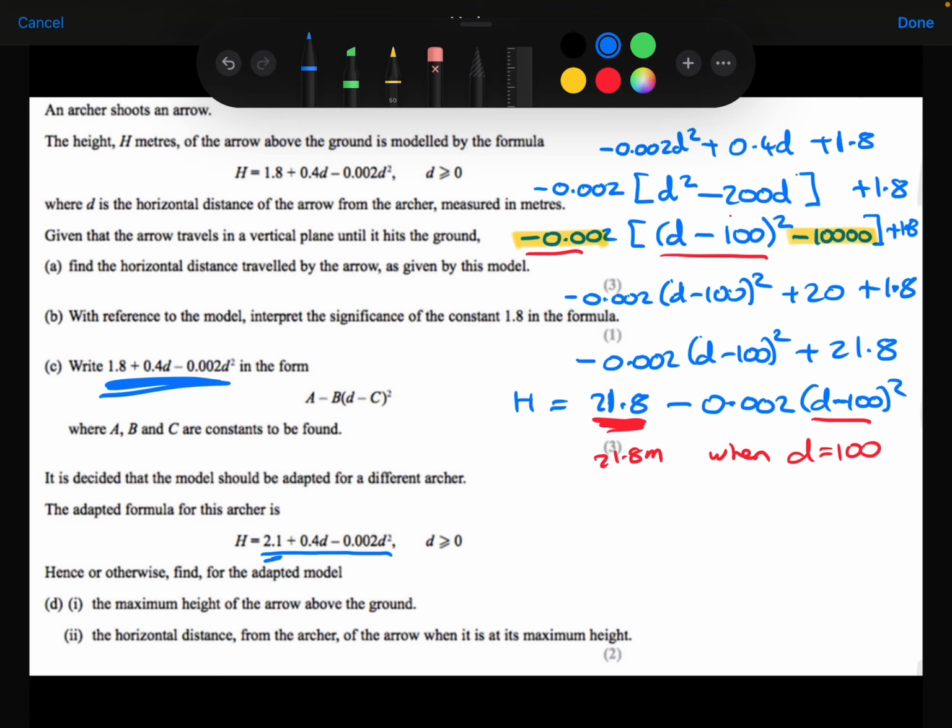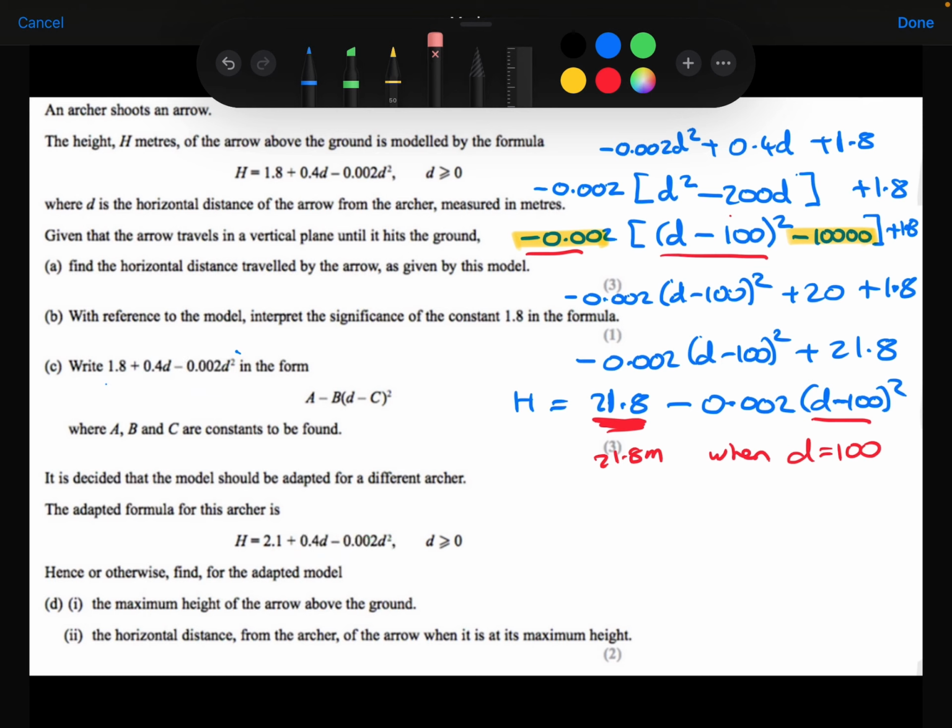He might be just as good an archer, but he's just a little bit taller. The fact that the rest of the model is the same means that arrows are going to follow the same sort of trajectory, but this one will just be 30 centimetres higher. That's what this is saying.